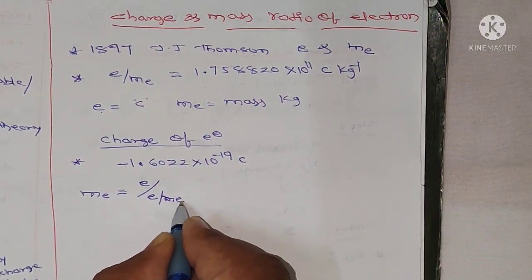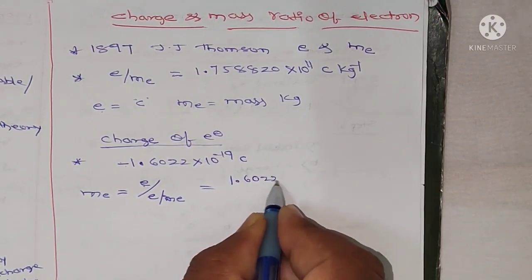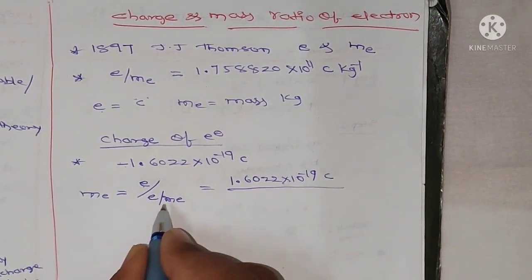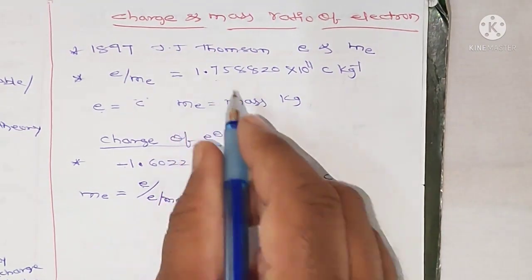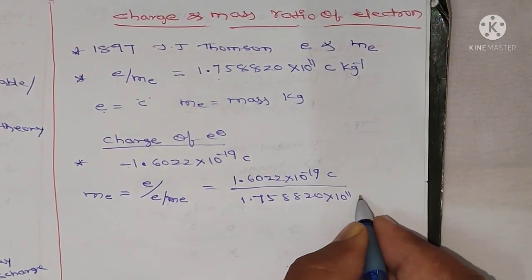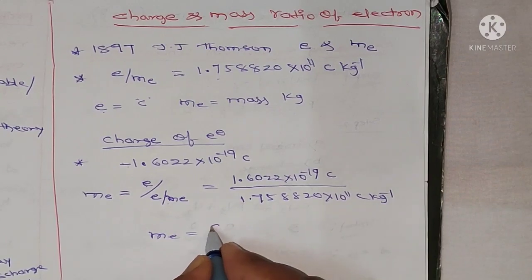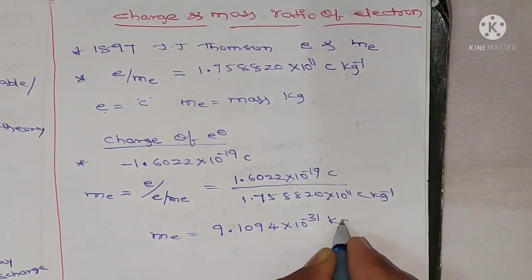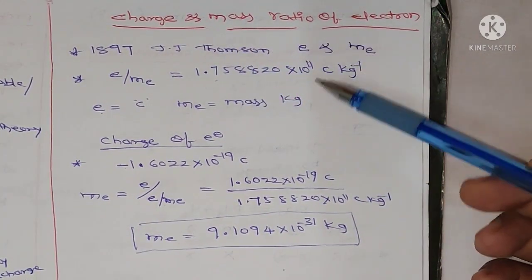So e by Me, with the charge 1.6022 × 10^-19 coulombs divided by the charge and mass ratio of electron, 1.758820 × 10^11 coulomb per kg, then we will get Me equal to 9.1094 × 10^-31 kg. So this is about charge and mass ratio of electron.